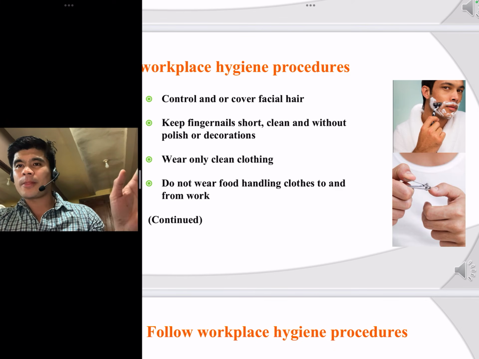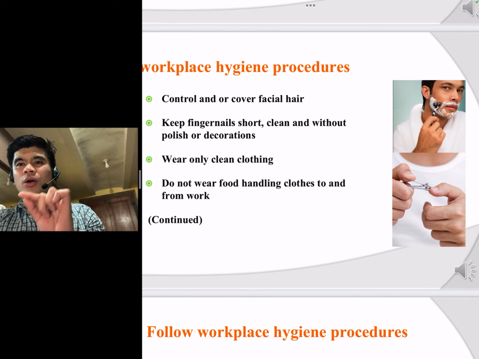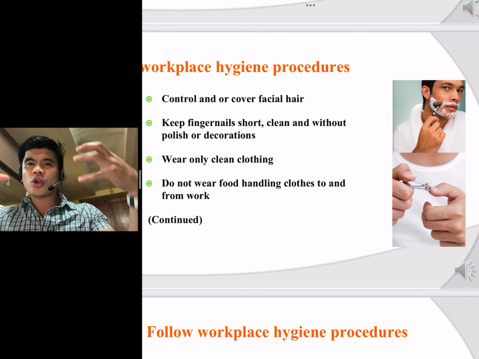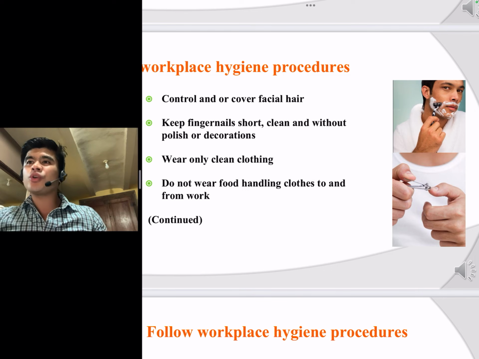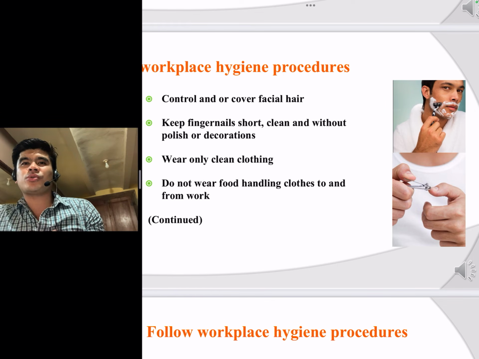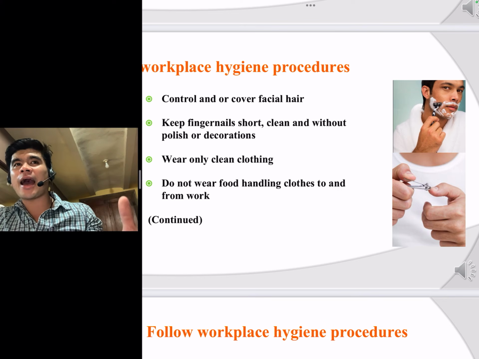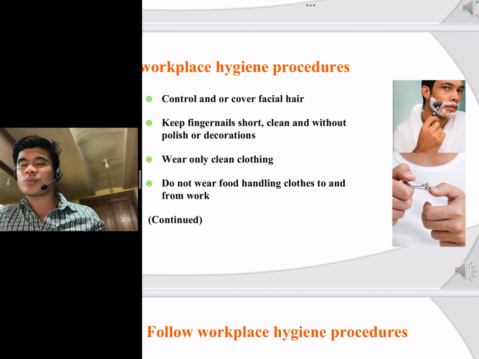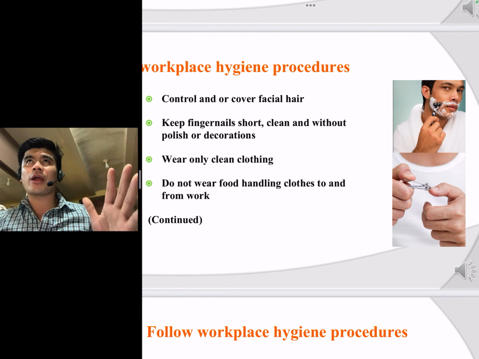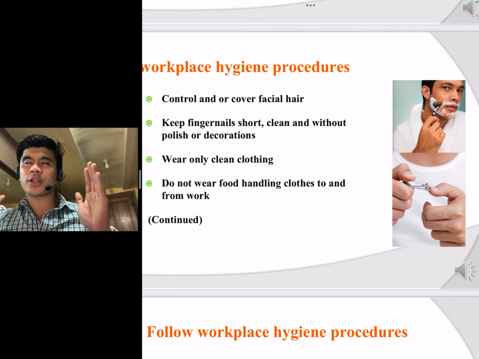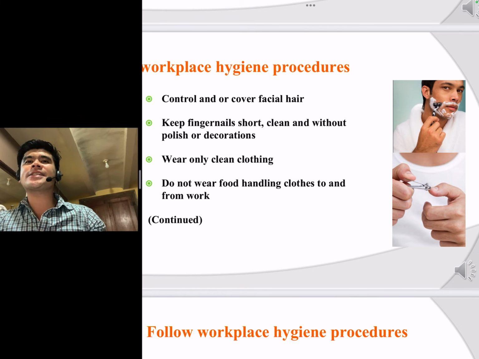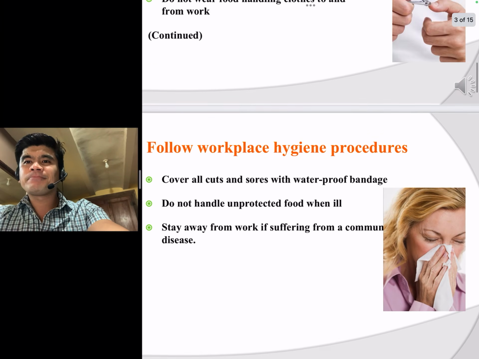Do not wear food handling clothes to and from work. Whenever you're going from your home to your working place, you're not supposed to wear your uniform, because that can be contaminated with something else. So you only wear your working clothes, especially for the cooks, once you're ready inside the premises.